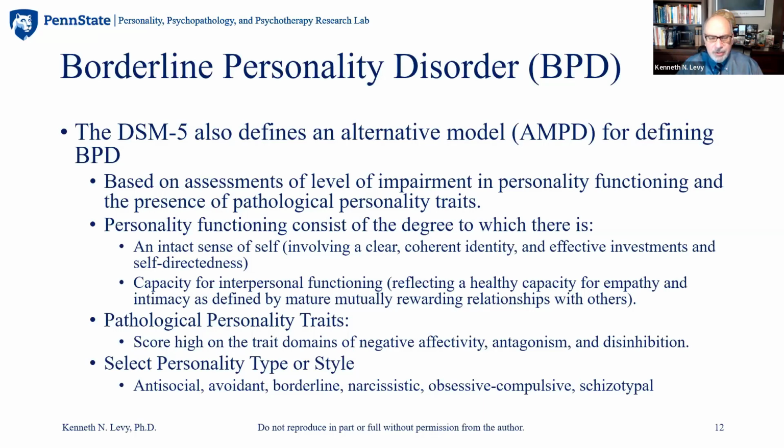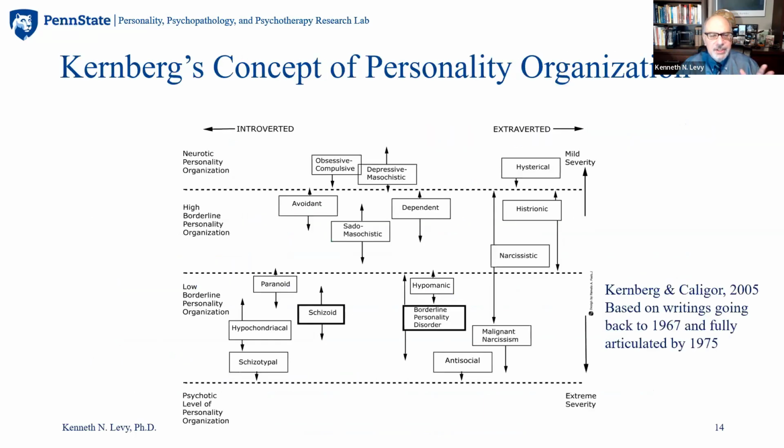This model, interestingly, is very consistent with a model that was developed by Otto Kernberg and his concept of personality organization. In some ways, they're remarkably similar. Kernberg had hypothesized that you could diagnose borderline personality disorder along an array of levels of personality organization, he called it, with low levels being at a psychotic level and high levels being at a neurotic level, which you can see to your left here.